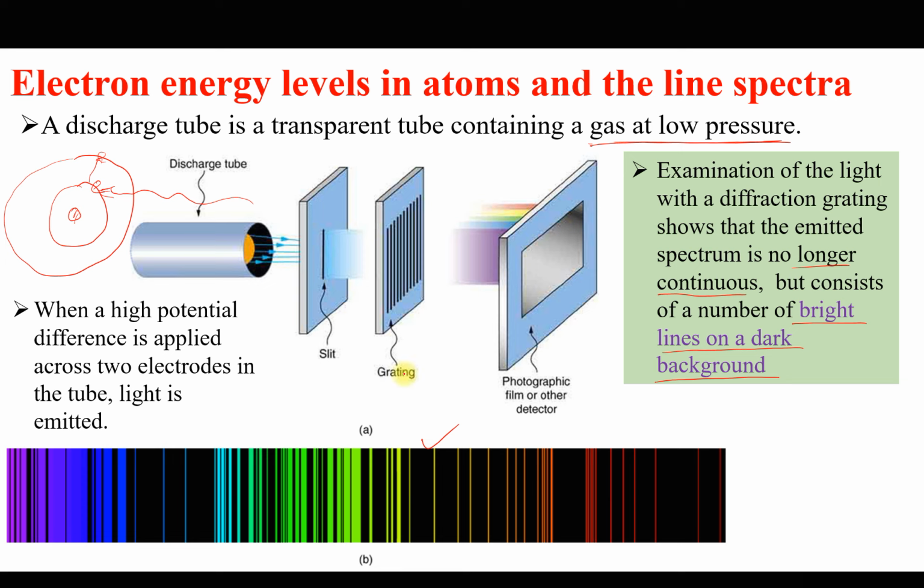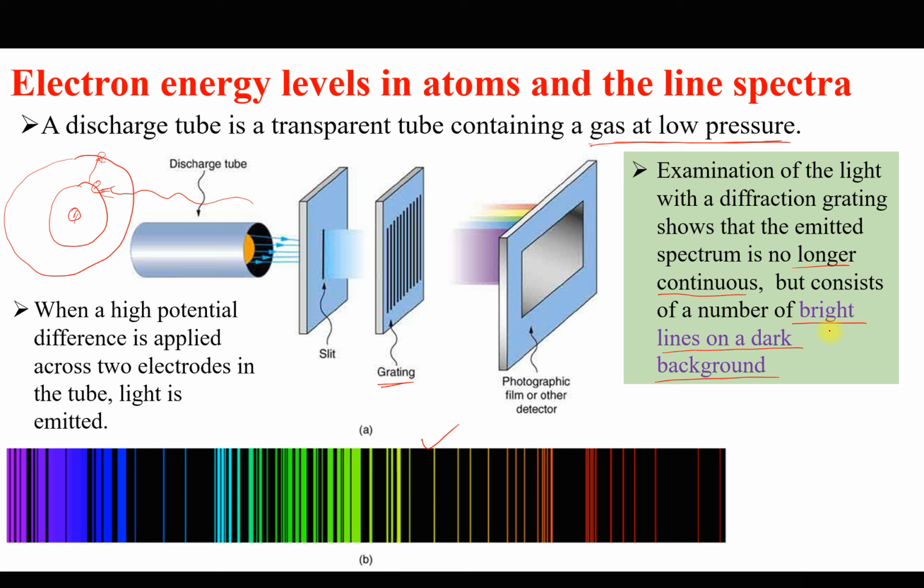But when this light is passed through a diffraction grating, it's not going to be the 7 colors with a white central spot on the screen as we saw earlier on. If this light is examined through a diffraction grating, the light shows that the emitted spectrum is no longer continuous, but it consists of a number of bright lines on a dark background.